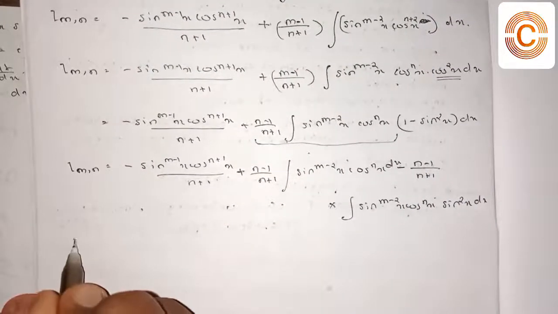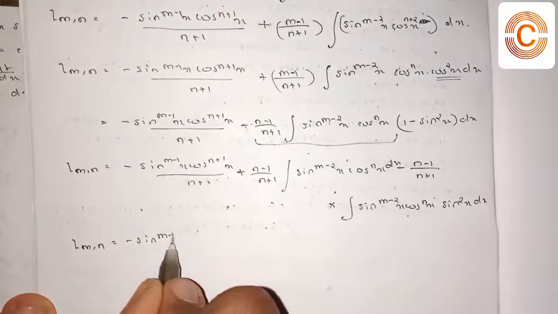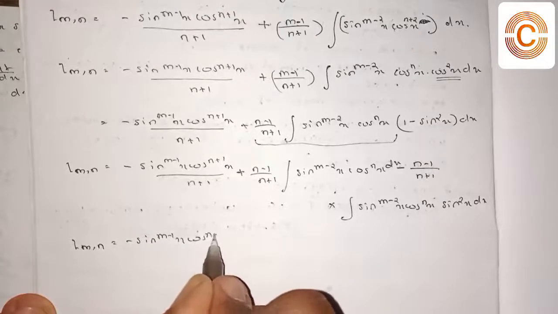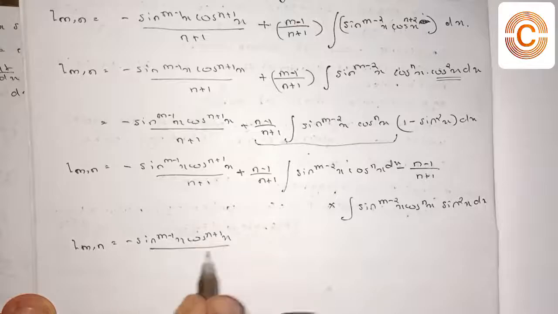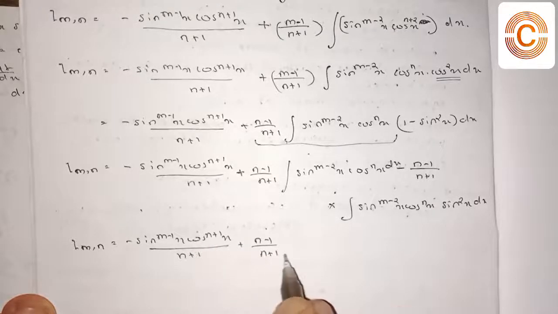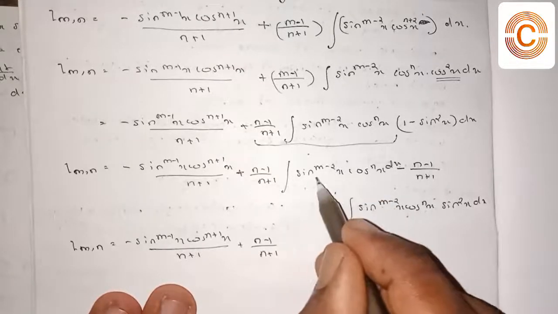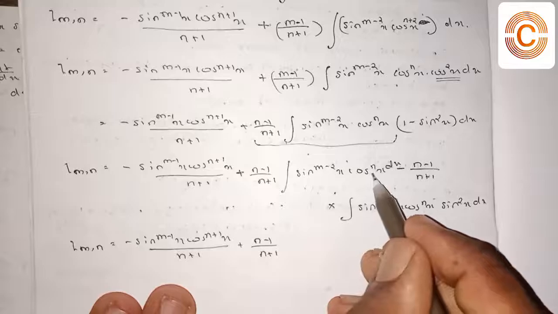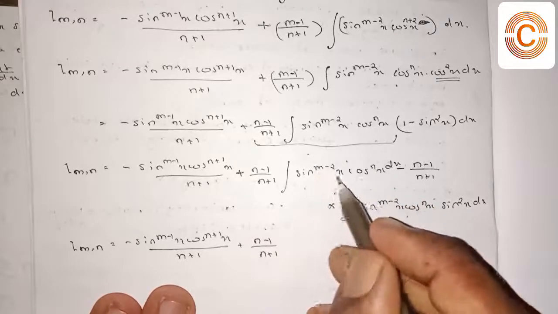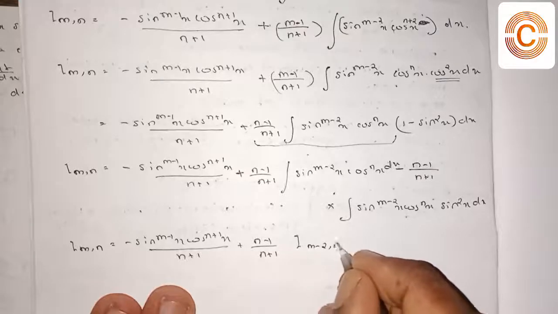So again in the next step, I m comma n is equal to minus sin raised to m minus 1 x cos raised to n plus 1 x divided by n plus 1 plus m minus 1 divided by n plus 1 into, note here that the integral of sin raised to m minus 2 x cos raised to n x is existing. So we can write it as I m minus 2 comma n.